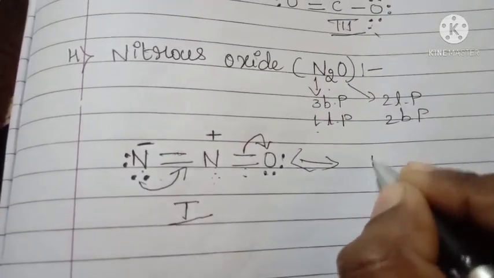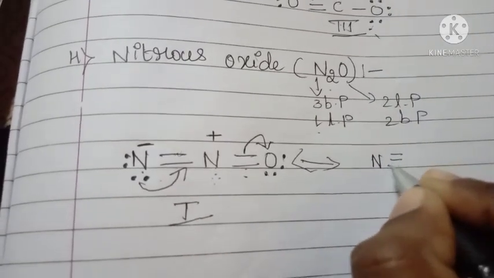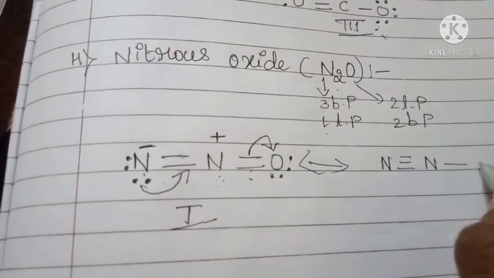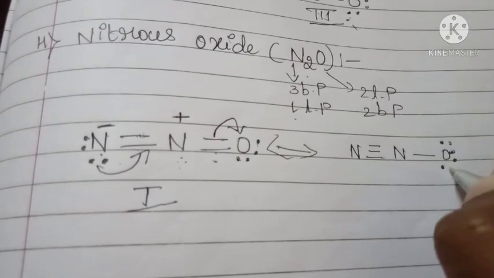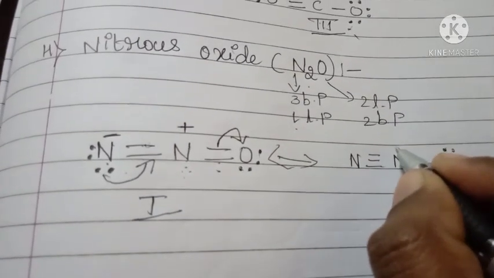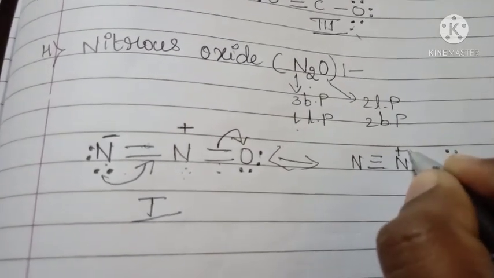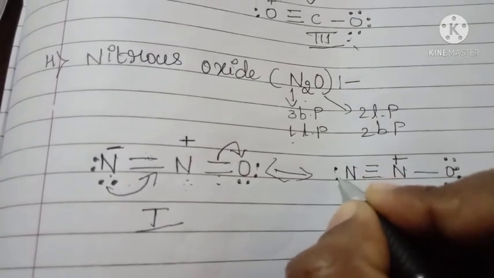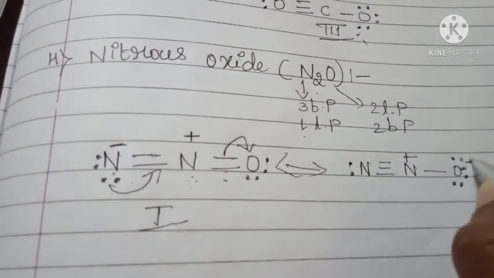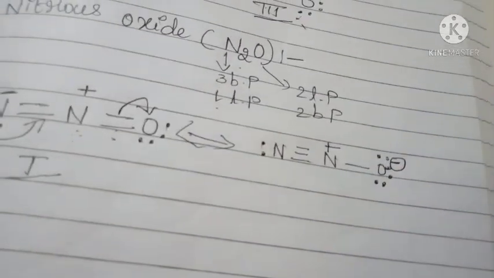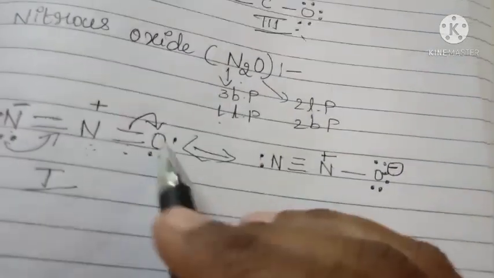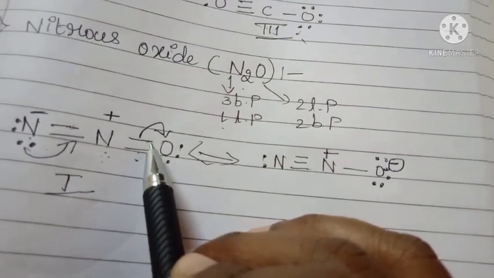So the resonating structure is N triple bond N, oxygen with 1, 2, 3 lone pairs. So it carries a positive charge and it has a lone pair, and this oxygen carries a negative charge. You have to observe why it carries a negative charge: because it accepts an electron.